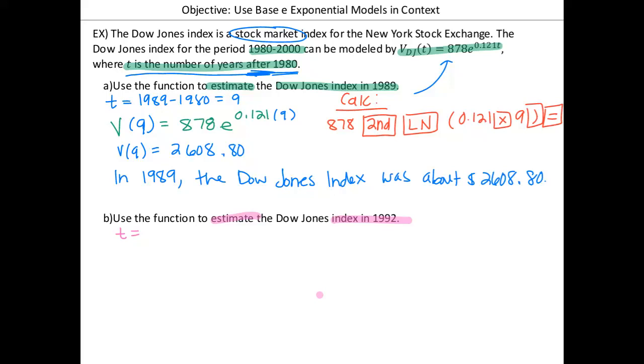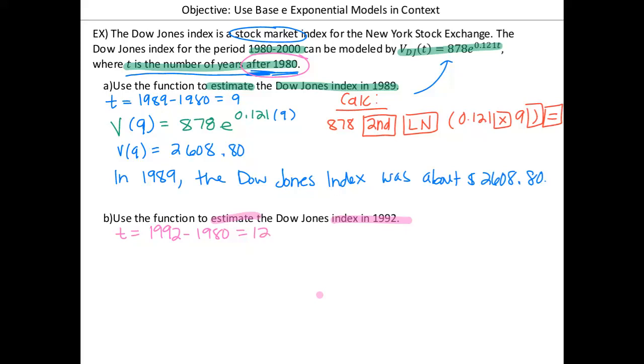Remember, t is the number of years after 1980. So 1992, how many years have passed? 12. So my t is going to be 12 in this case. We're going to do 1992 minus 1980. That gives us 12.